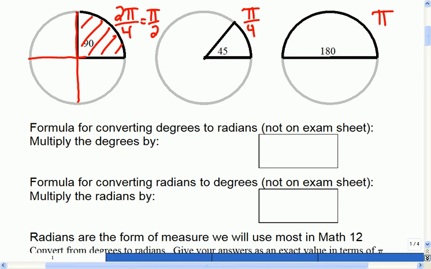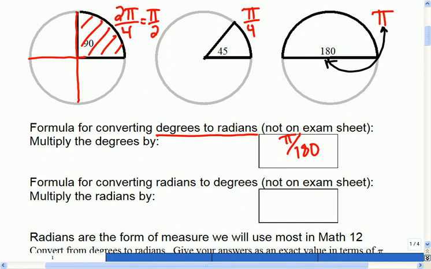So if we're going from degrees to radians, what I'm going to multiply by is pi over 180. Now the reason I multiply by pi over 180 is, if we look, let's just take this nice one to work with here. We have 180 degrees, which is equal to pi radians.